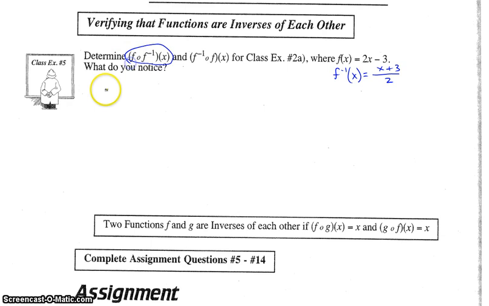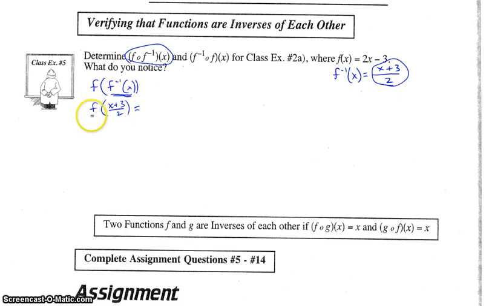Okay, given that, we're now going to set this up. Remember with composition of functions, you want to immediately change it to a different form and go f bracket f inverse bracket x bracket bracket. We're going to replace the inside first. The inverse function gets put in there, so it would be f of (x + 3)/2.